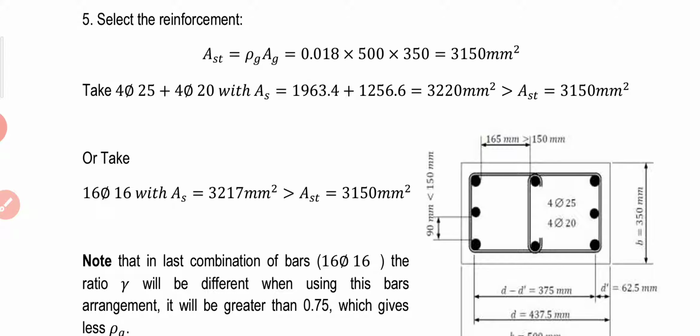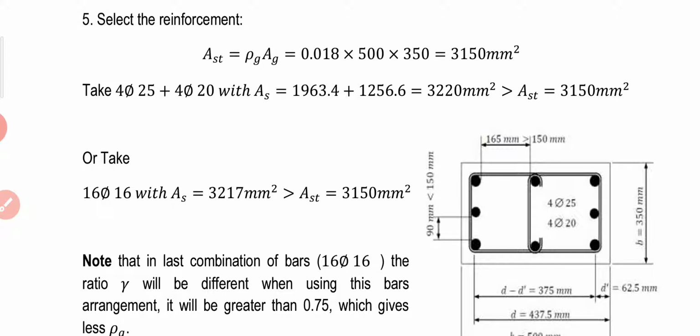So we can get 1963.4. And for second 4 bars 20 mm, we can calculate Ast as 4 into pi by 4 into 20 square. So we can get 1256.6.